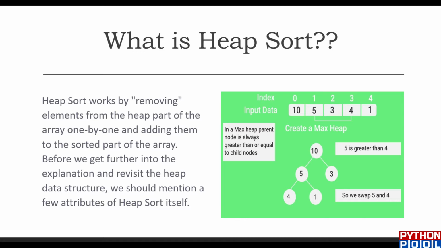First of all, when 10 is appended, if 10 is at the 0th position, when 5 would be appended, 10 would be pushed to the first position and 5 would be appended to the 0th position. In this way, when 4 would be appended, 5 would be pushed to the first position, 10 would be pushed to the second position, and 4 would be appended to the 0th position.